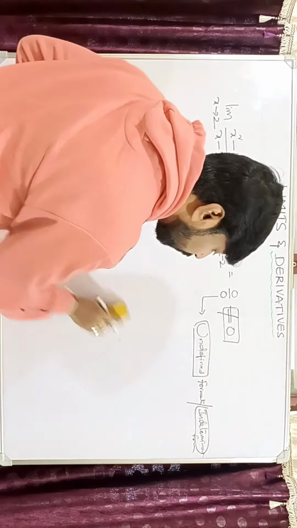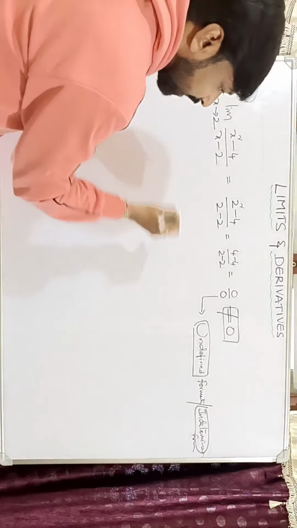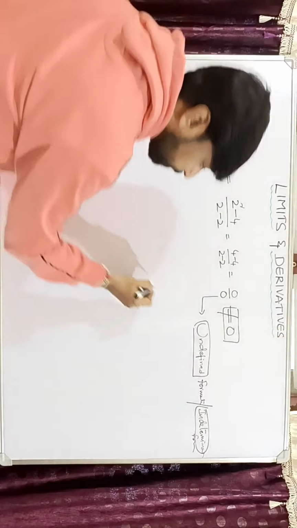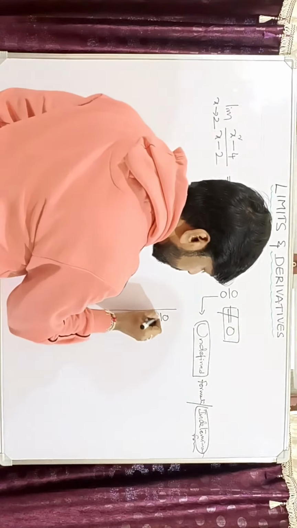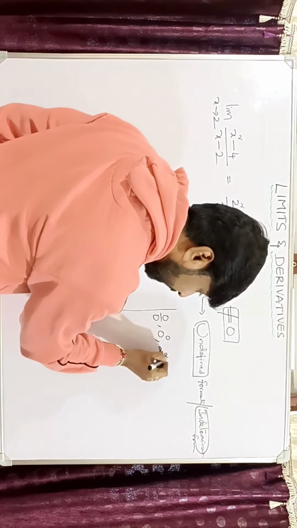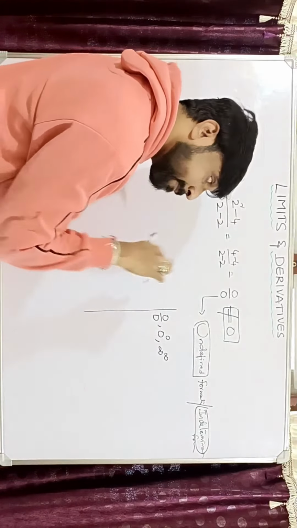Now, how many kinds of undefined or indeterminate formats are there? 0 by 0, 0 power 0, infinity power infinity. Only infinity alone is not an undefined format, but infinity power infinity is.